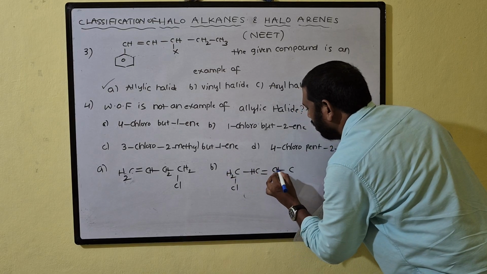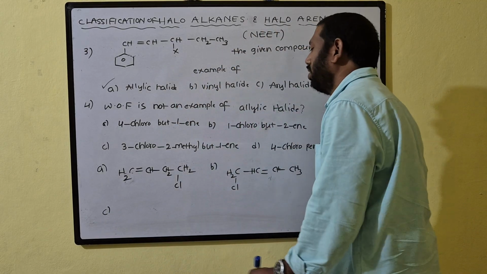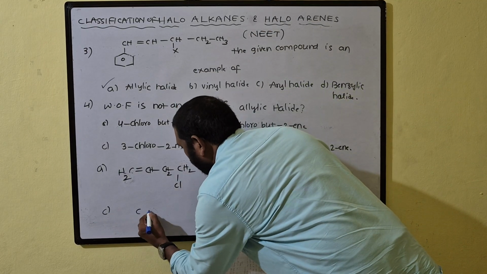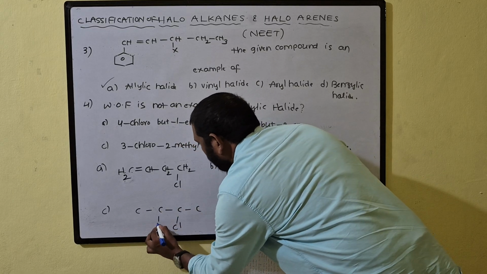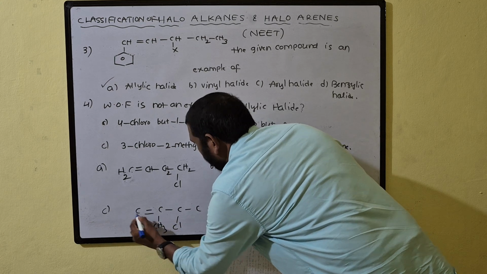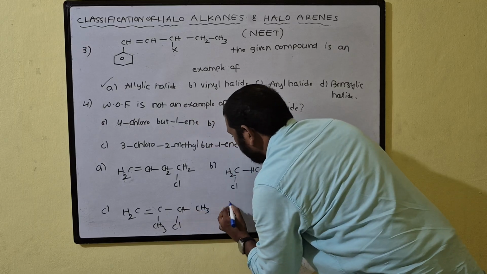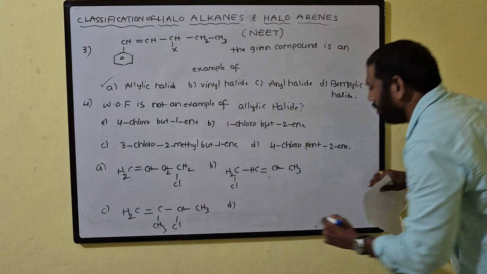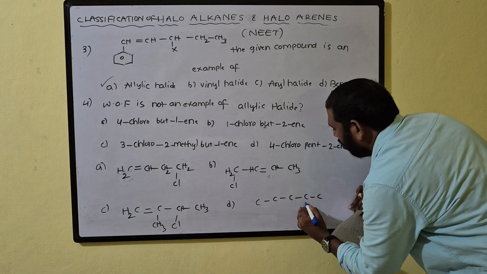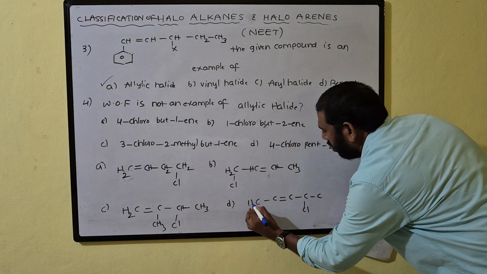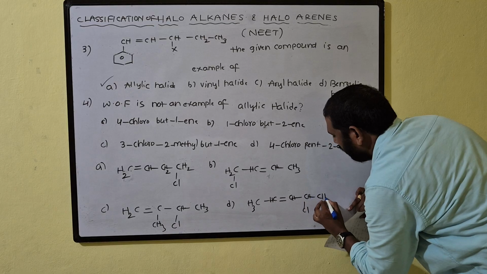Option C, 3-chloro 2-methyl but-1-ene, 4 carbons, and the remaining hydrogens. Option D, 4-chloro pent-2-ene, 5 carbons, with CH3 at both ends.